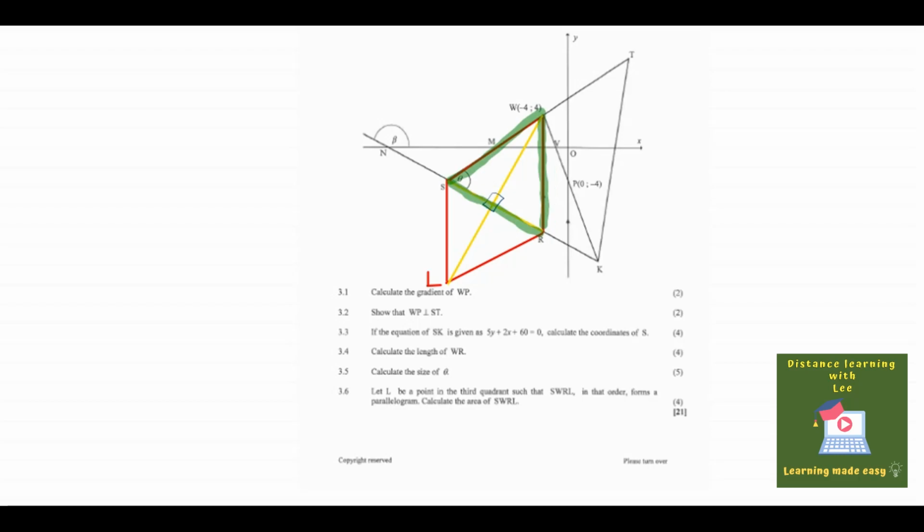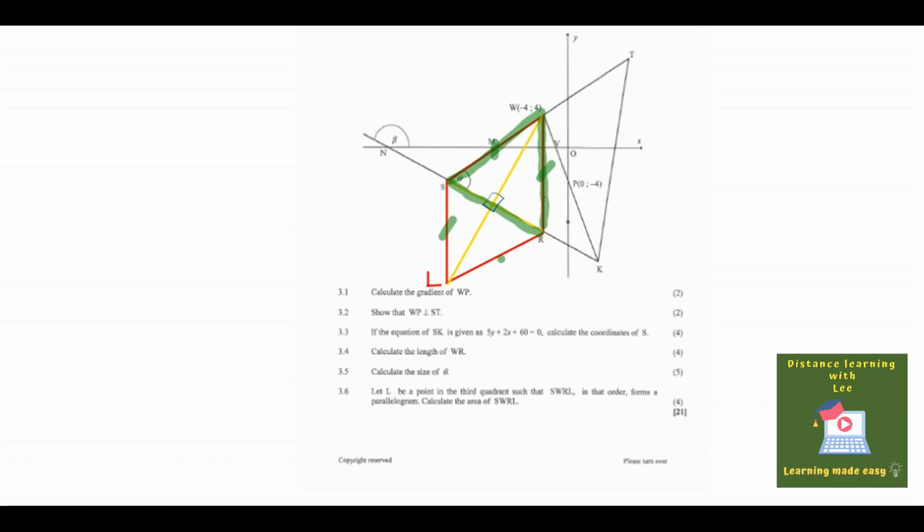So if this side and that side are congruent, and that side and that side are congruent, then if we calculate the area of just the top triangle, we can take that area and multiply by 2, and that will give us the area of the bottom triangle. Right, so that's what we need to do.